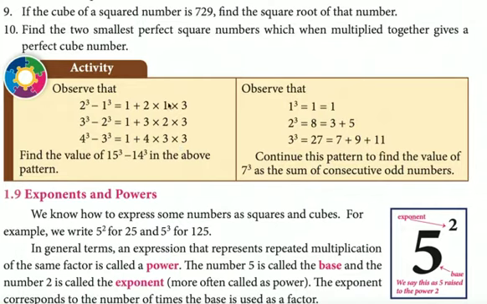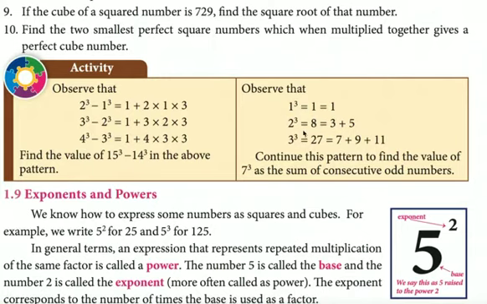Find the value of 15 cube minus 14 cube in the above pattern. 1 plus 2 into 1 into 3, 1 plus 3 into 2 into 3, 1 plus 4 into 3 into 3, like that. 1 plus 15 into 14 into 3, okay. And you can cross check that.